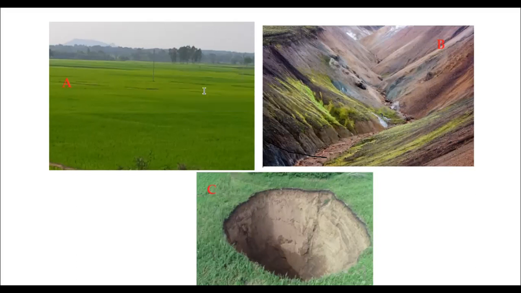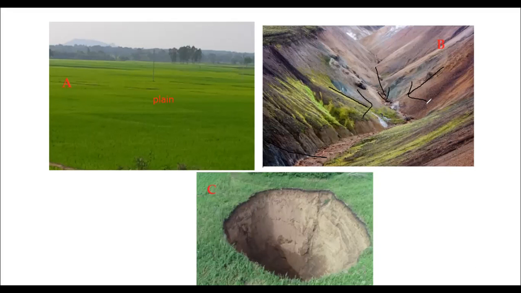Notice at B that the land is descending on this side, it is descending on this side, and it is descending from this side. Or we could say that it's rising on this side, rising on this side, and rising on this side, depending on how we're looking at it.